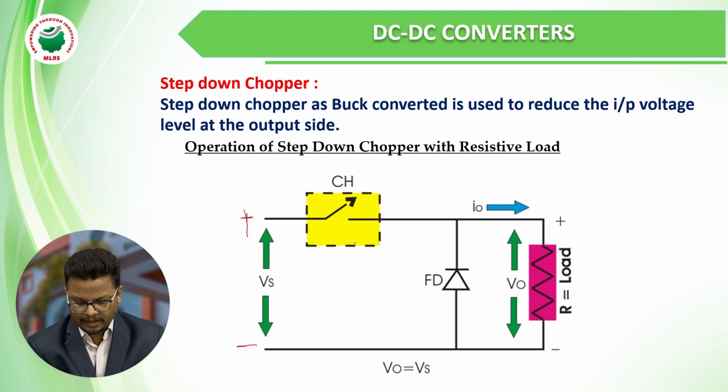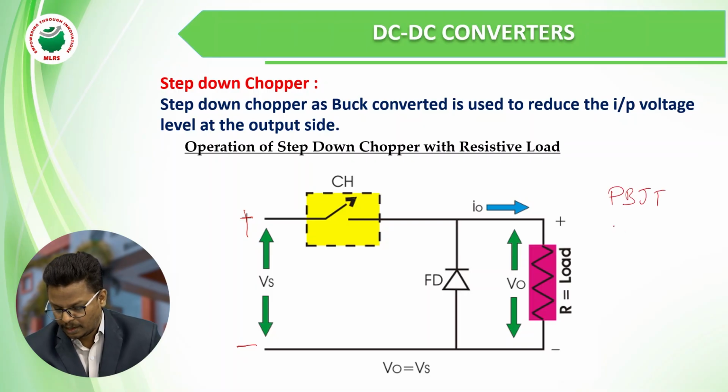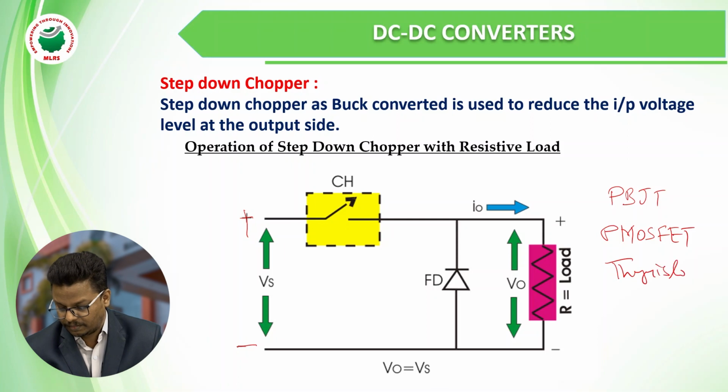In the place of the switch, we can use different types of power electronic devices. The power electronic devices are power BJT, power MOSFET, thyristor or SCR, and power IGBT.